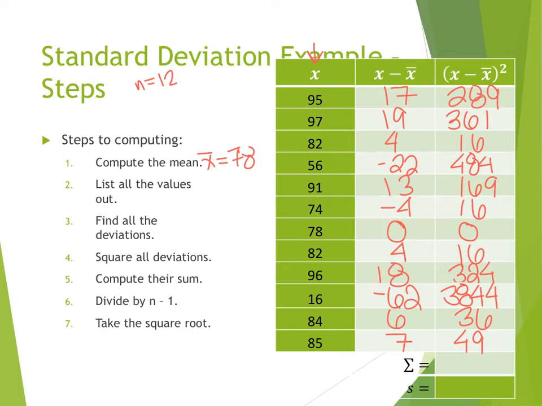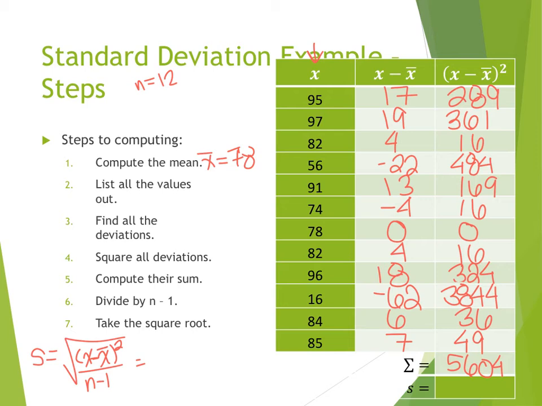And once you have that, you need to do the sum of all of those. So just add up all, and you should get 5,604. And then to finish out our formula, remember our formula for standard deviation is the square root of the sum of (x minus x bar) squared over n minus 1.